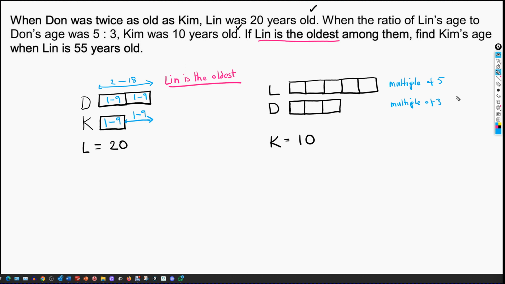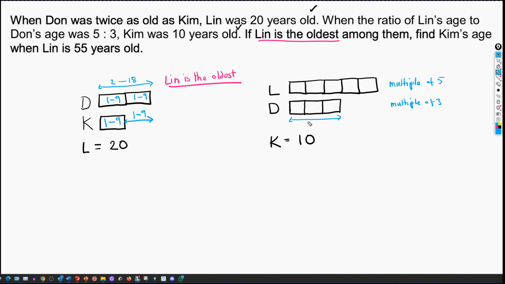Okay, what else can we figure out? Well, what did we get from here? We got the fact that Kim is between 1 and 9 years older than Don. Here we have Don. We know that Kim here is 10 years old. So we know that this is after, don't we? So we know also then that Don in this scenario is between, okay, so how old is he?